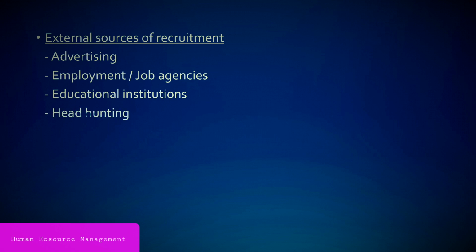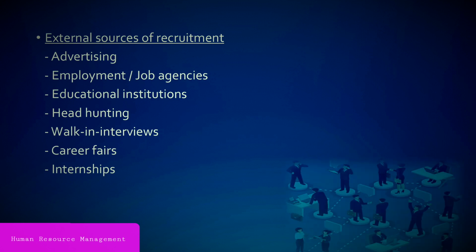Headhunting. What happens here is a suitable person who is already employed somewhere else is identified and approached to fill a vacant position in your organization. Then walk-in interviews, career fairs, internships.